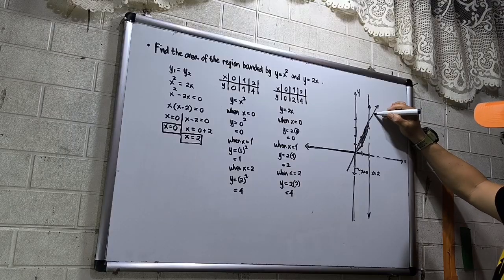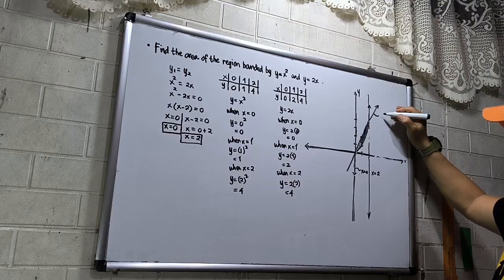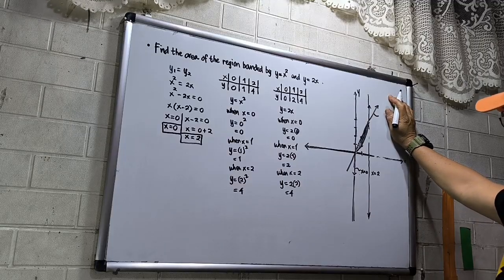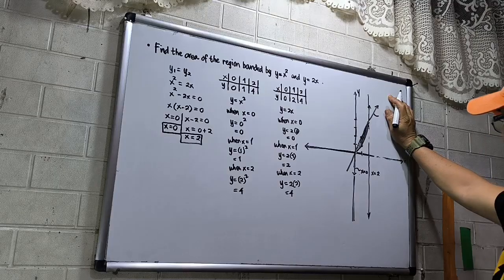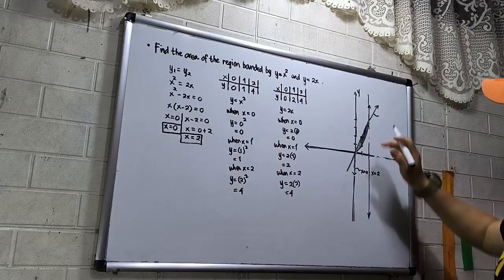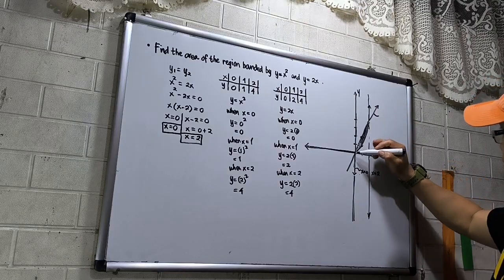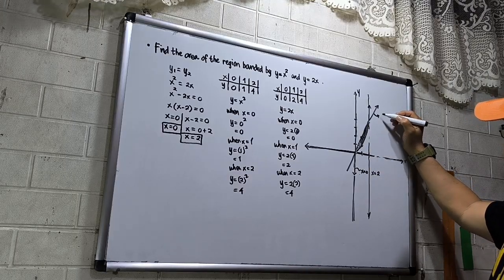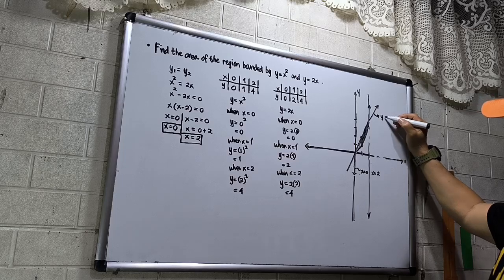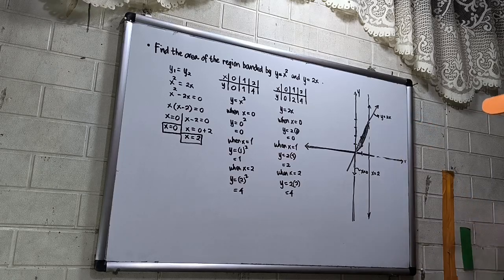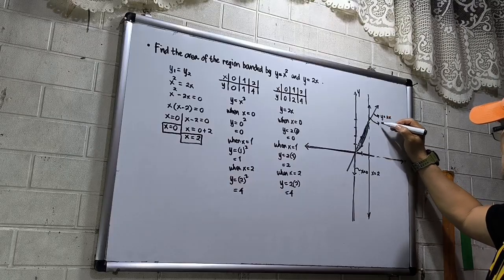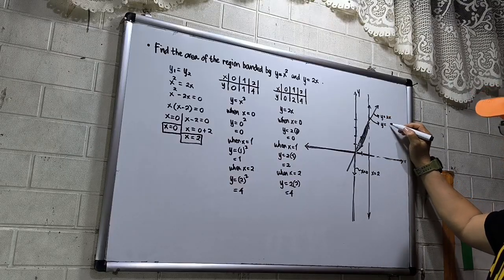This equation is the line y equals 2x, and the curve is y equals x squared.